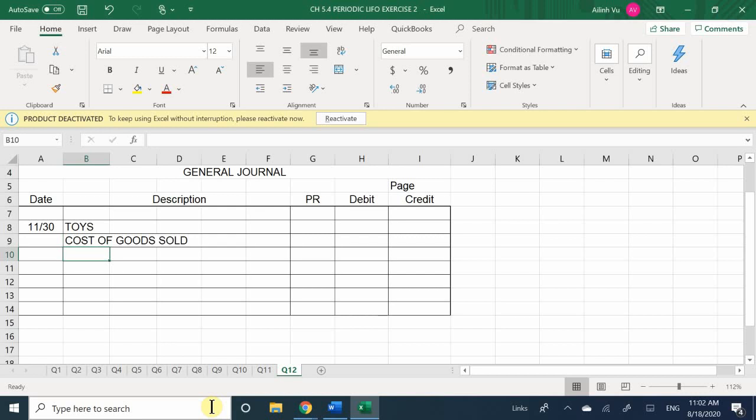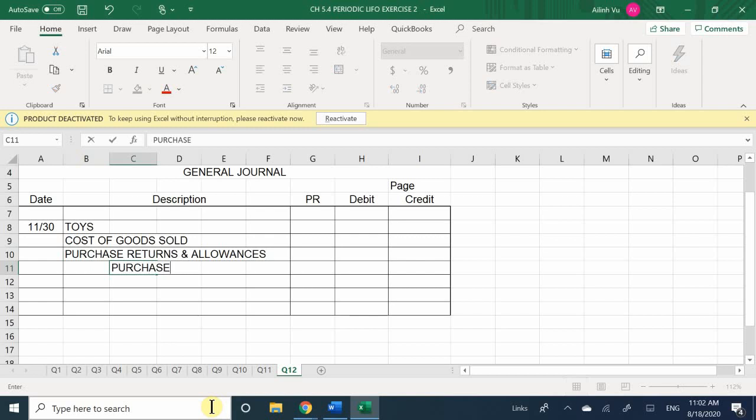We need to make sure that we record what we sold. What else are we going to be recording? Purchase returns and allowances. Correct. And then what else are we going to have on our credit side? Purchase expenses. Good.